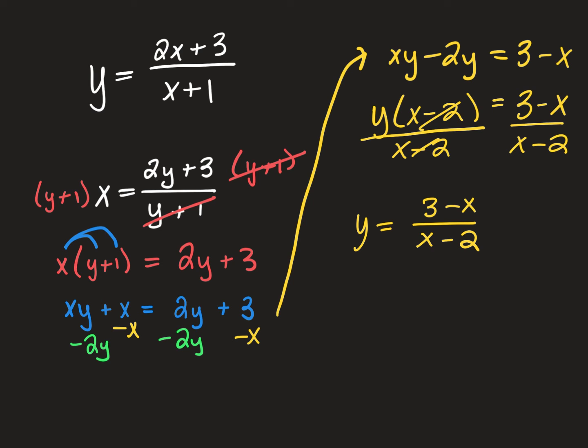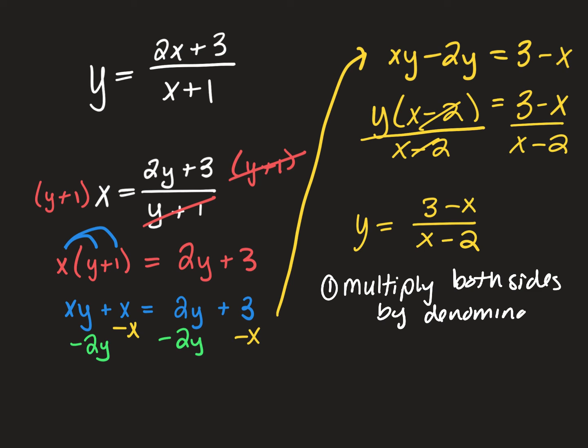Okay, so I'm writing down the steps. Okay, yeah, here. So you switch the x and the y. Yes. You multiply both sides by the denominator. Yep. And then you distribute the x. Yes. So then distribute x, and then after that, get everything with y on one side, everything without it on the other.